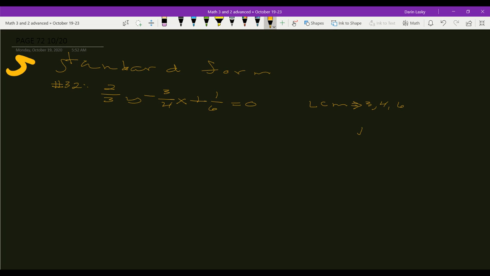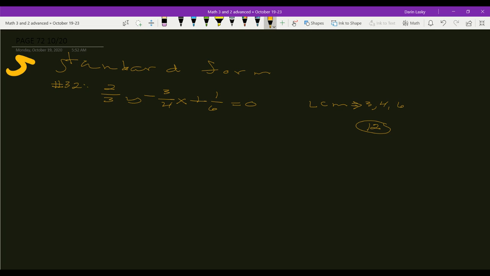In other words, 3 can go into 12, 4 can divide into 12, and 6 can divide into 12. So 4 times 3 is 12, 3 times 4 is 12, 2 times 6 is 12. There's no number lower than 12 that all of these go into.